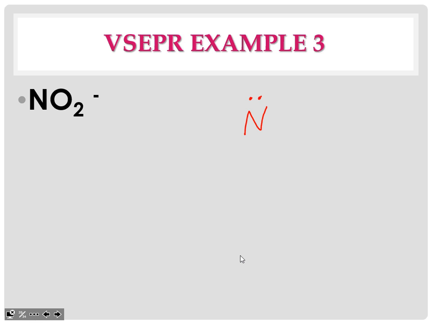And I know that nitrogen has 5 valence electrons. Now, what I'm going to do is single bond 2 oxygens to this. So I always start out single bonding. So here's 1 oxygen. Here is my 2nd oxygen.